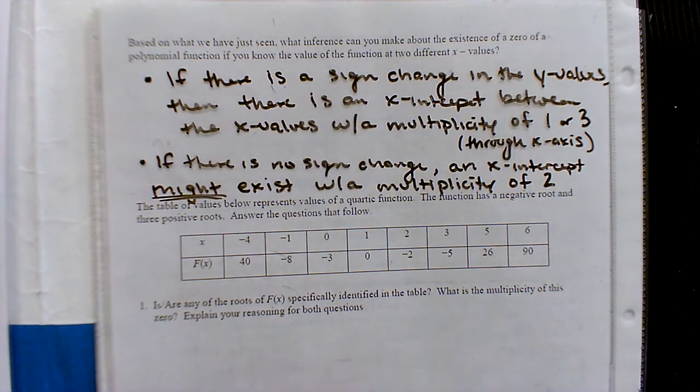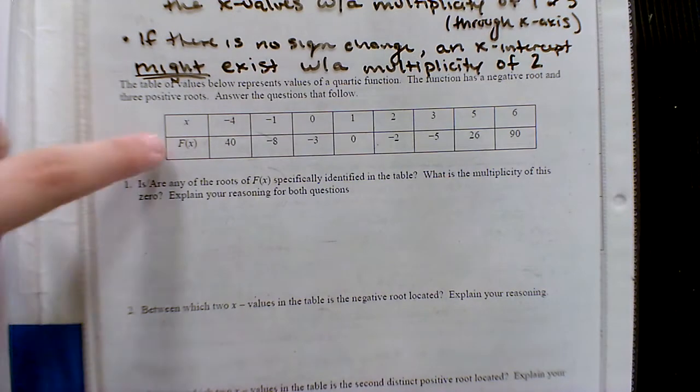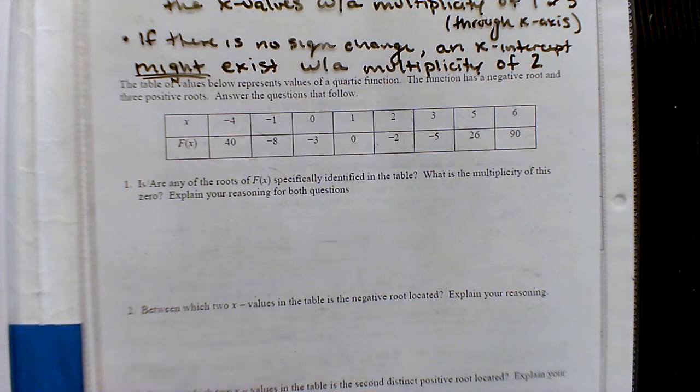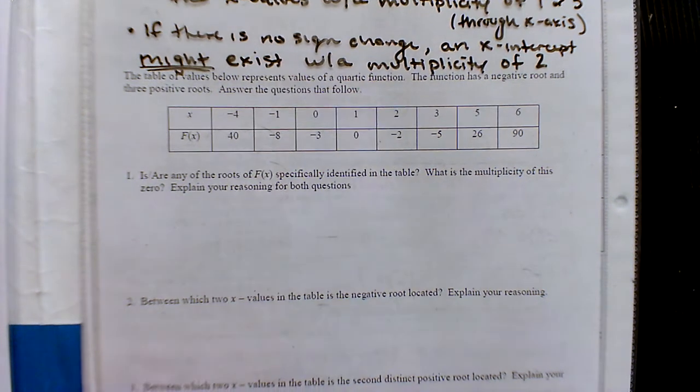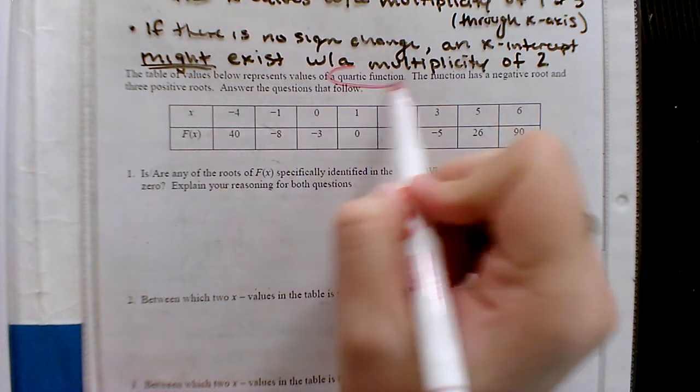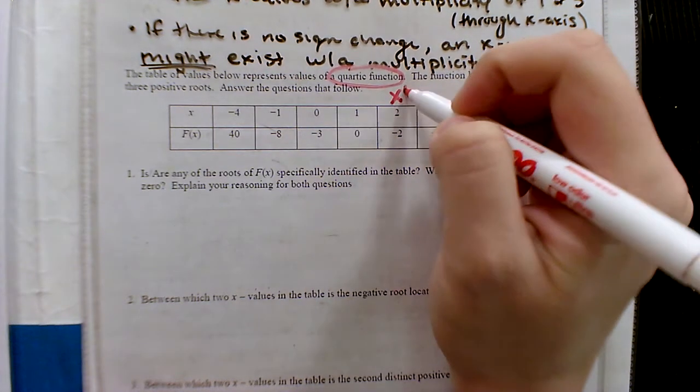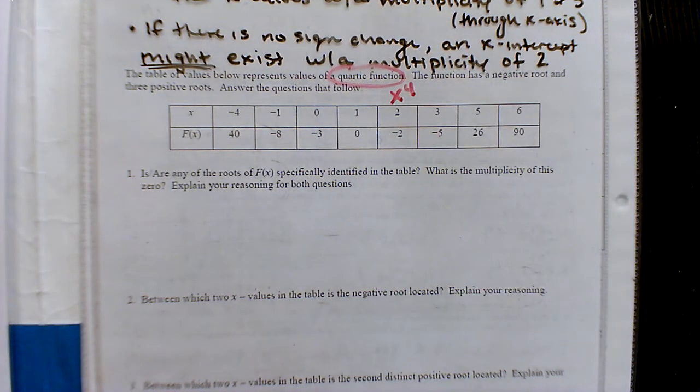All right, so we're going to utilize these relationships or connections to help us perhaps find some x-intercepts when we have a table of values given to us, maybe not necessarily a graph, because a graph is kind of easy. You can just look at the x-axis and see what's happening. Table of values, not so much, because we just have specific numbers, not a whole graph. So if we take a look at the table, they tell us the table of values below represents a quartic function. So we have an x to the 4th polynomial.